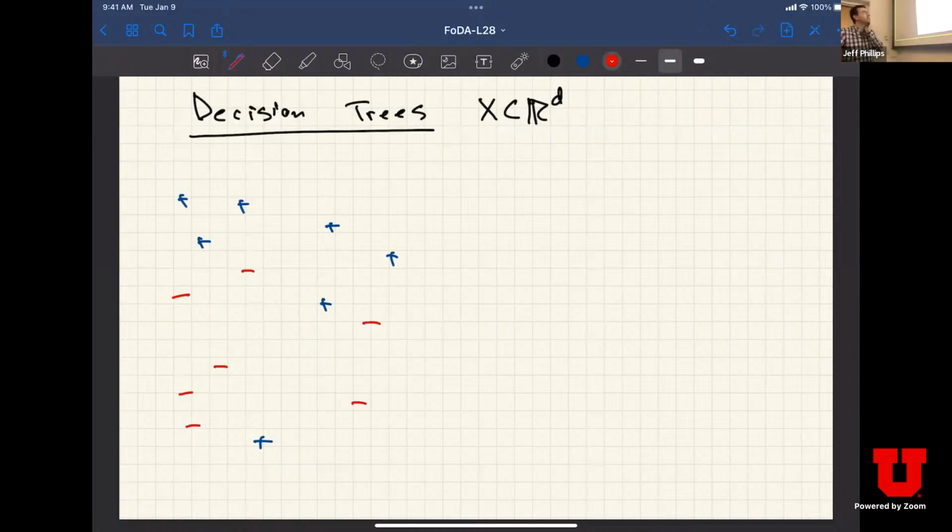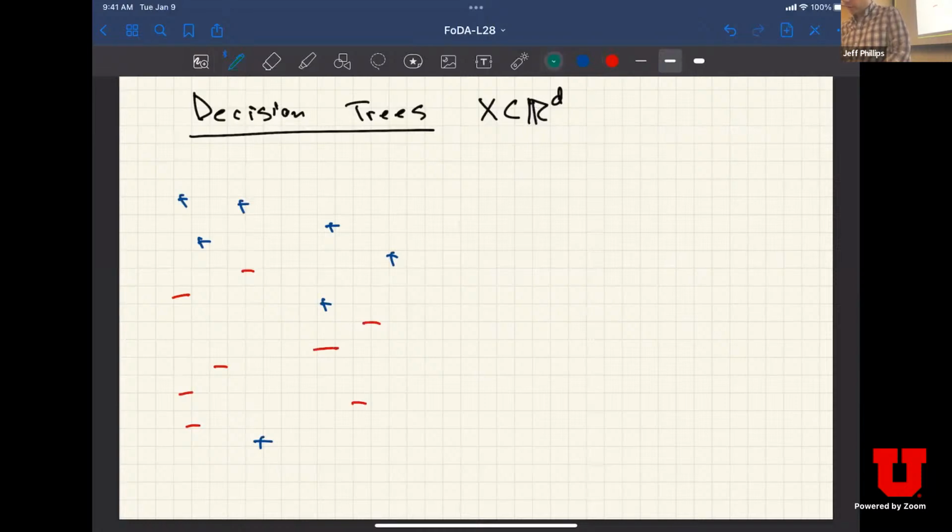The decision tree is going to build a tree on these points, like a binary tree, over two-dimensional space. In fact, we're going to use something like a KD tree. If you've seen what that is, that's the right analogy. It's going to recursively split this data set into two halves.